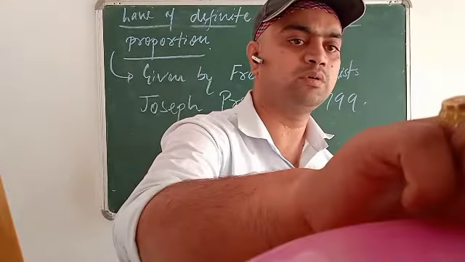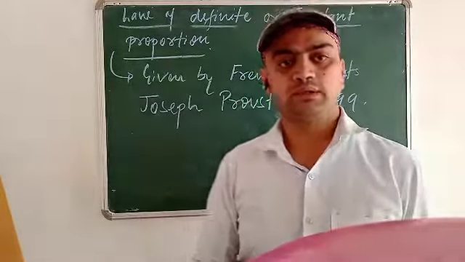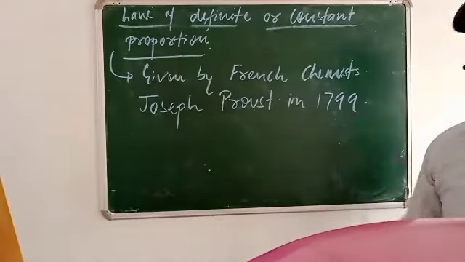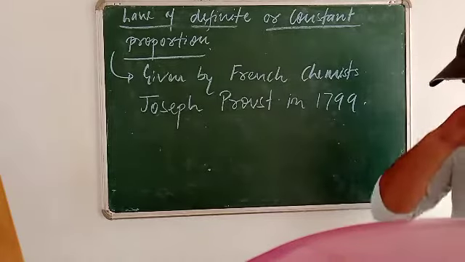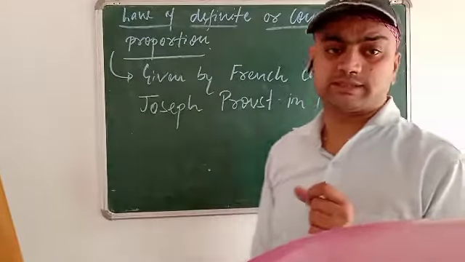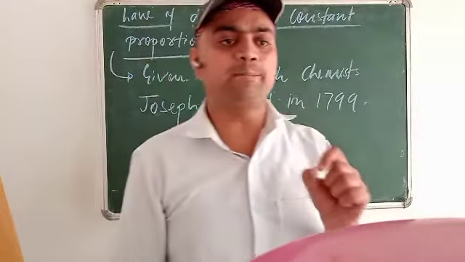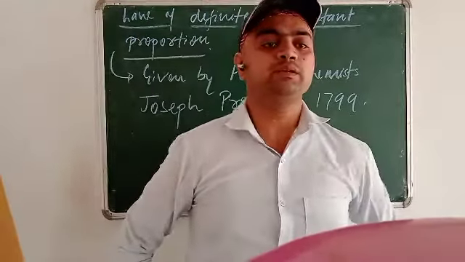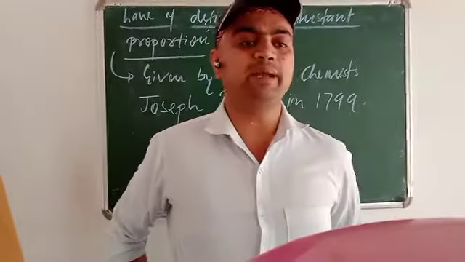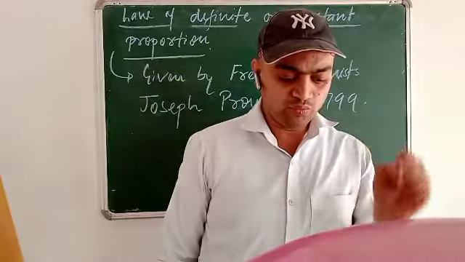Now we have to focus on what the suggestion of Joseph Proust was. Joseph Proust suggested that when any compound is formed, after all you know that compounds are formed by the combination of two or more elements in a definite proportion by their weight.